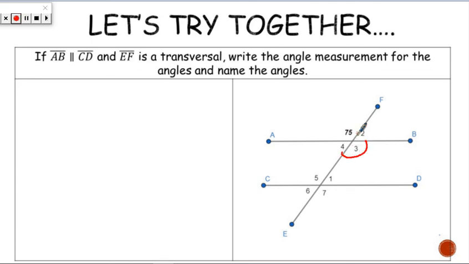So right here, 75 is, and the measure of angle 3 is going to be 75. So I can say the measure of angle 3 is equal to 75 because that is a vertical angle.